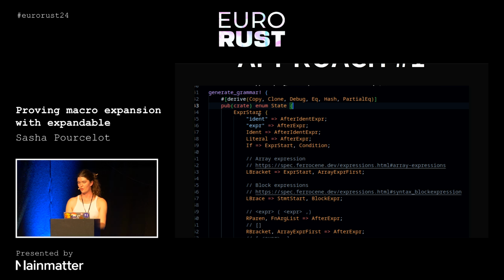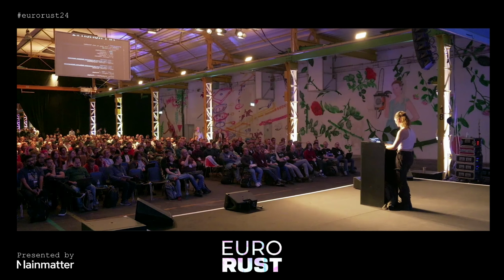It corresponds to the state in which the parser is when it is about to parse an expression. And for instance, if the first token available is a left bracket, then we are now parsing another start of expression, and we push to the stack that we are currently parsing an array, and more specifically, its first element.